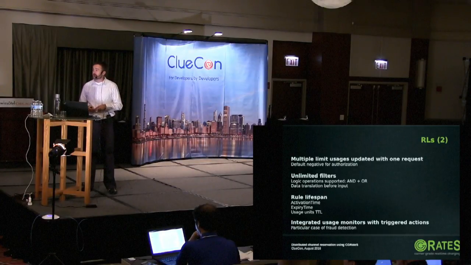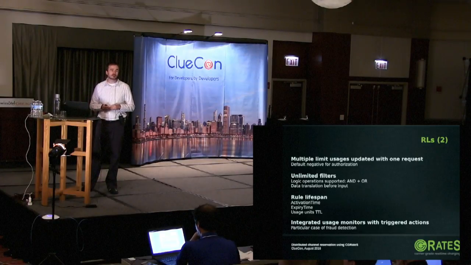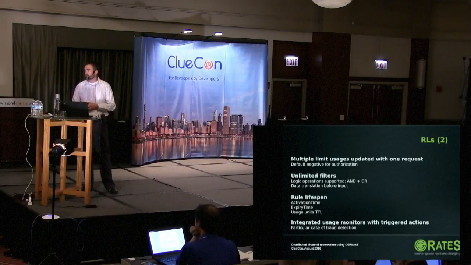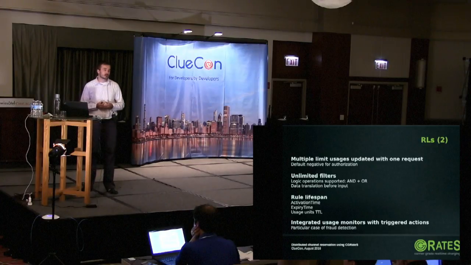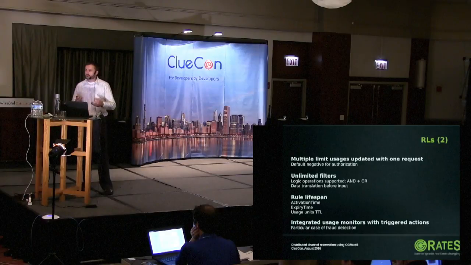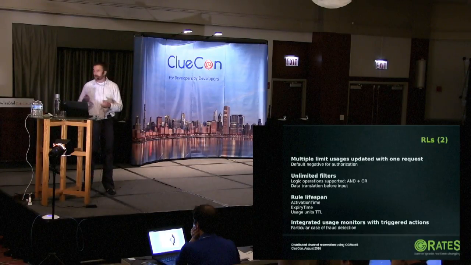We have a default negative for authorization, so if no resource is allowed, or if no resource has channels available, then you don't get access. Unlimited filters, we support AND and OR operations there, and also data translation before input.